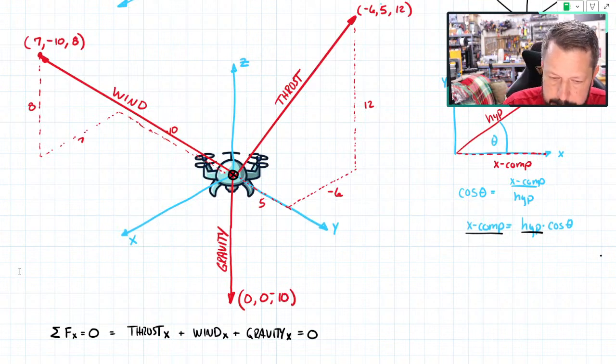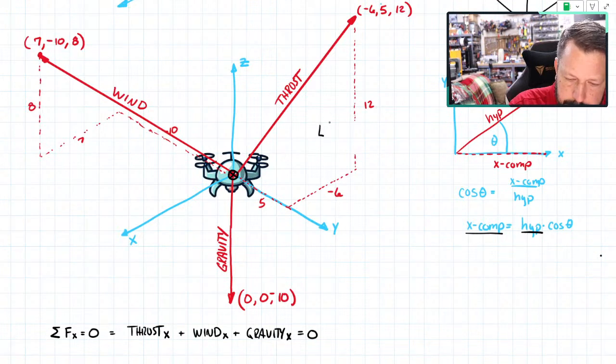I'm trying to not make it too cluttery, so I'm going to write right here. The length of the thrust vector, so let's do LT, equals the square root of -6 squared plus 5 squared plus 12 squared.